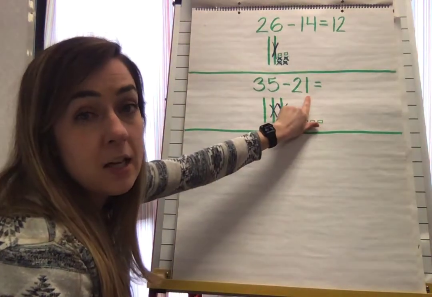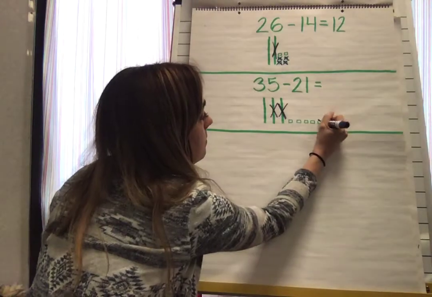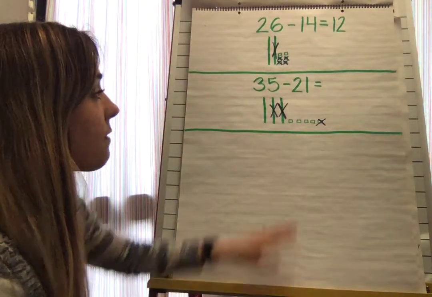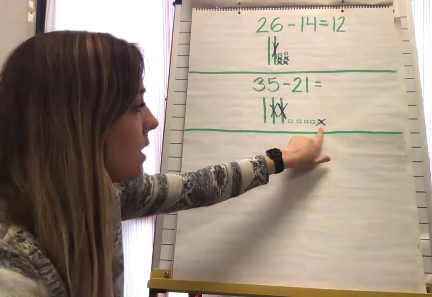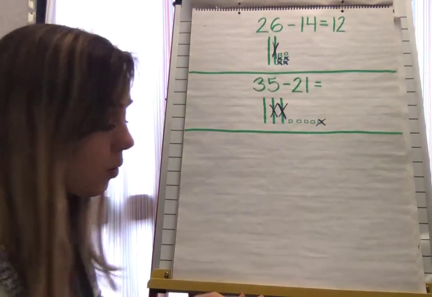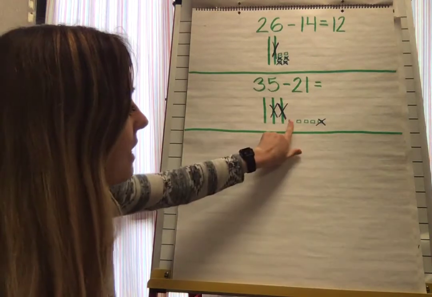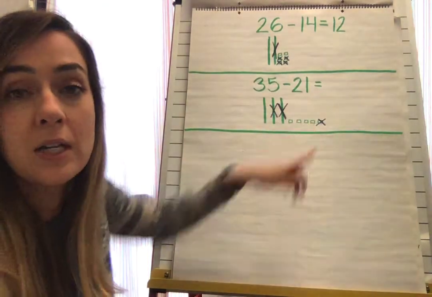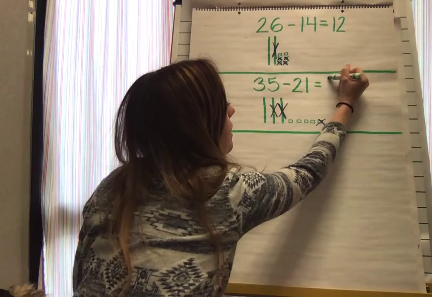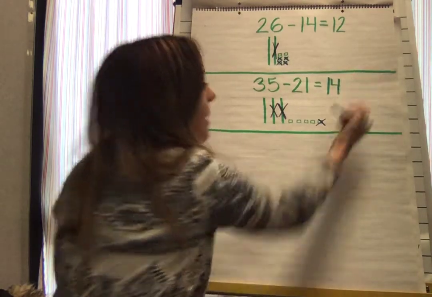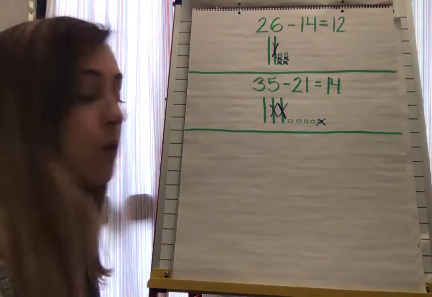And now I'm going to cross off the 1. All right, so I've gotten rid of 10, 20, 21, and now I need to count up what I have left. So I have 10, 11, 12, 13, 14. So 35 minus 21 equals 14.